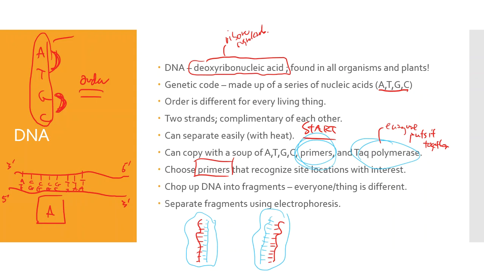In addition to this, we often will not work with the entire DNA chain at one time. As you can imagine, this is a pretty large molecule, not only for humans, but maybe for some plants as well. Bacteria typically has a little bit of smaller DNA chain associated with it, but we can chop these DNA fragments up, right? So this big long strand, I can go in and I can chop it up into multiple pieces.